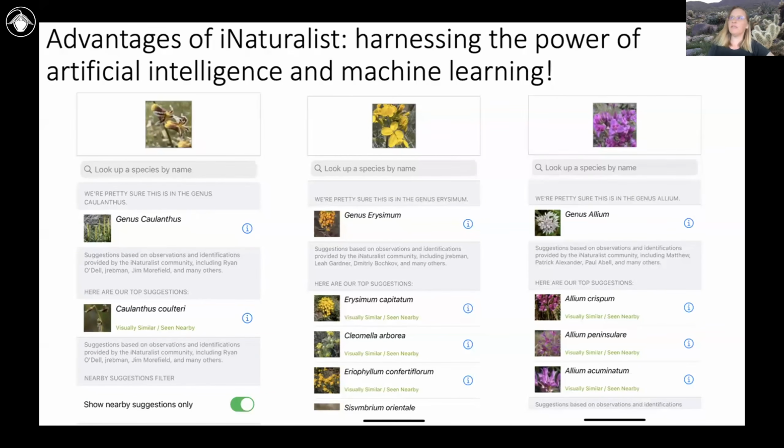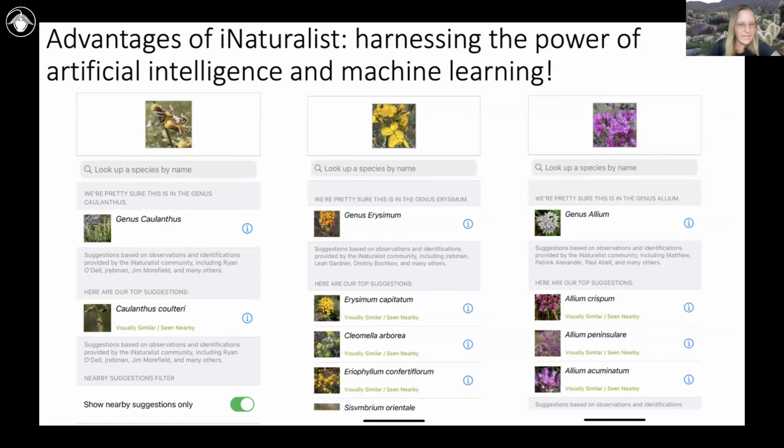It's interesting talking to students about the way that people think about artificial intelligence. There's this feeling that, okay, it's the robot that is learning to identify plants. It's the robot that's telling you what this thing is, and we can't trust the robot. This is a really interesting feature.